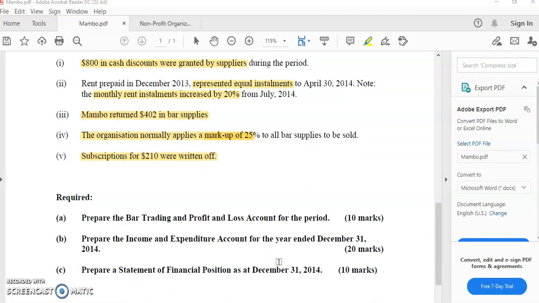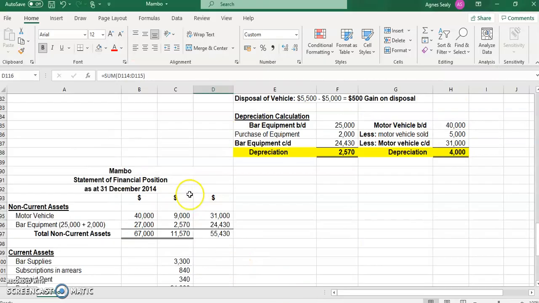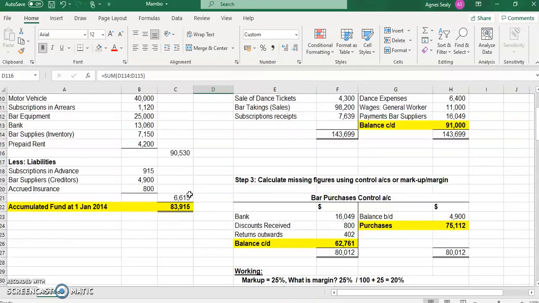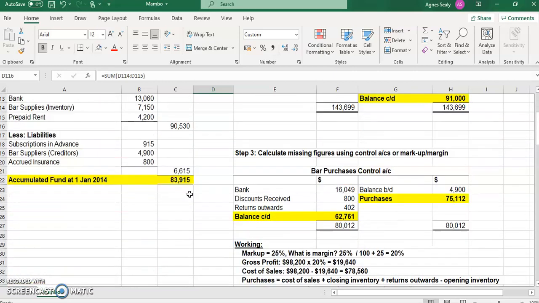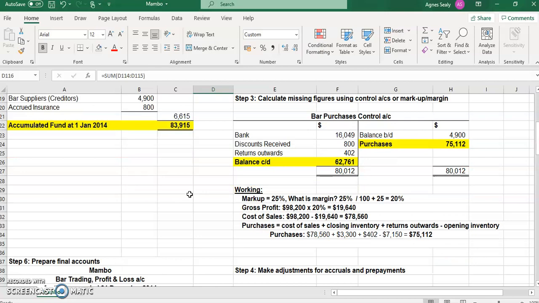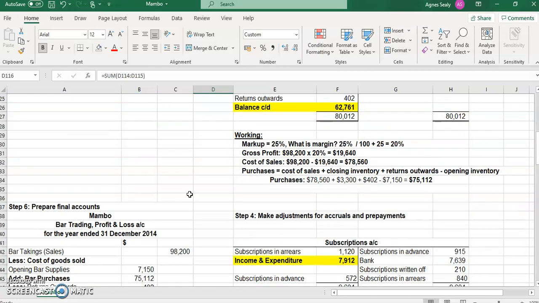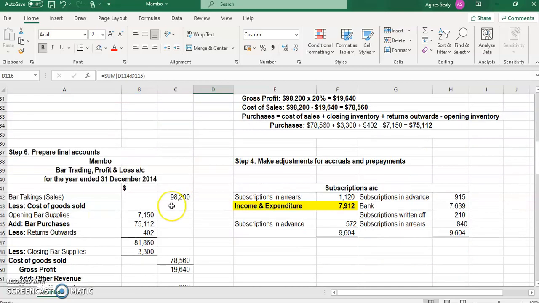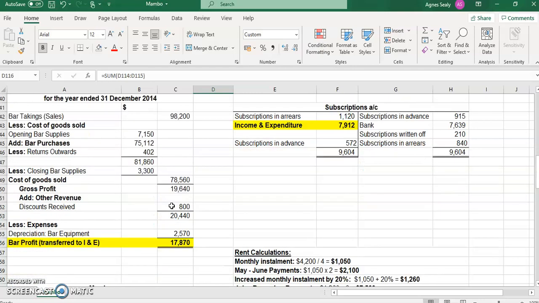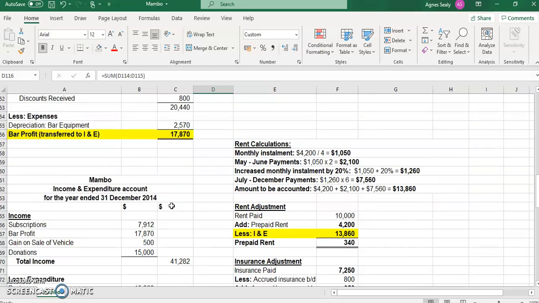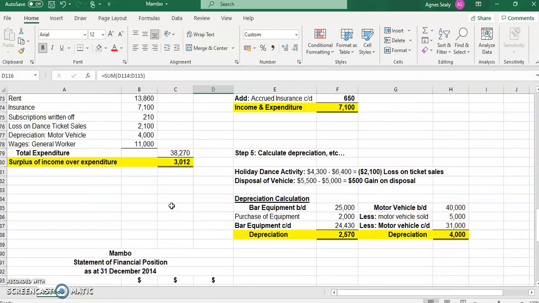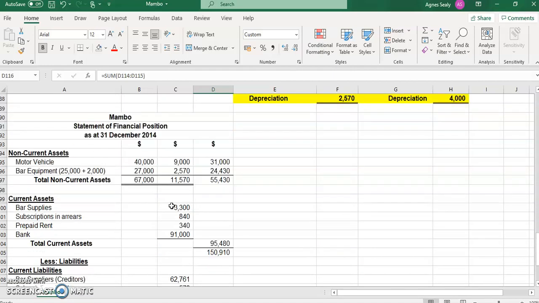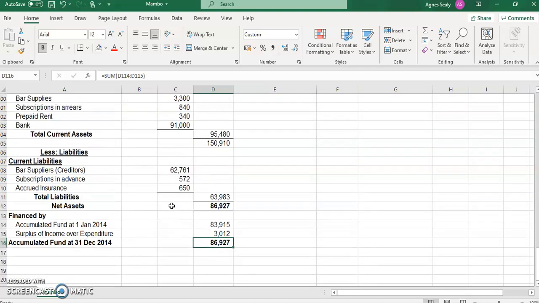And this is the additional information. So this completes our full question with calculating, going through all of the various steps. Here we're going through all of the steps to then come up with our bar trading account, our income and expenditure that they asked us for, and for our statement of financial position that was requested.